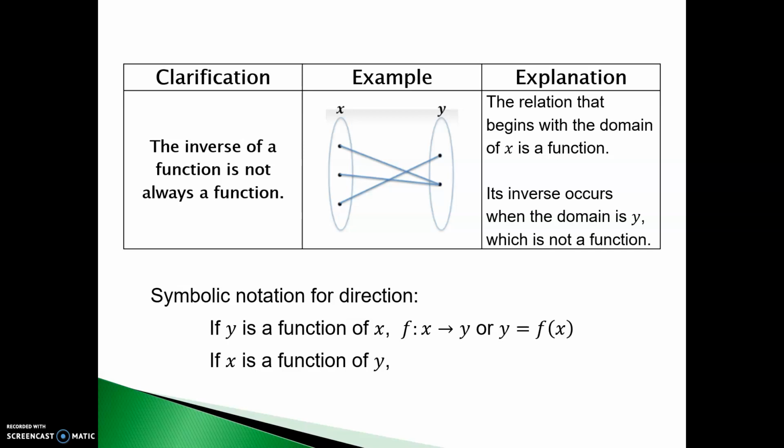That is the true translation of that. Now, if x is a function of y, then that means that y is getting mapped onto x, meaning y is the domain now, and x is the range. So we would write that as x equals f of y, meaning x is a function of y.